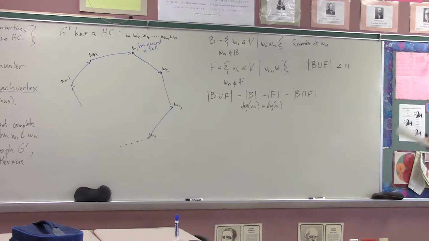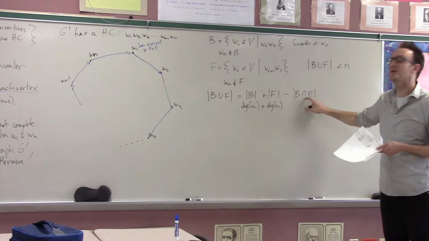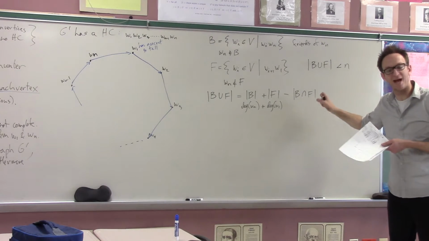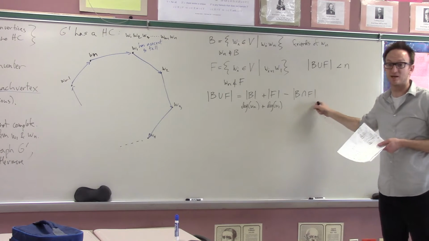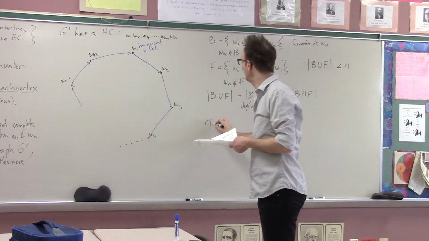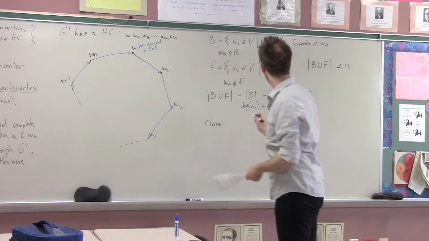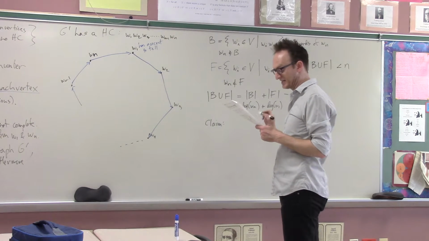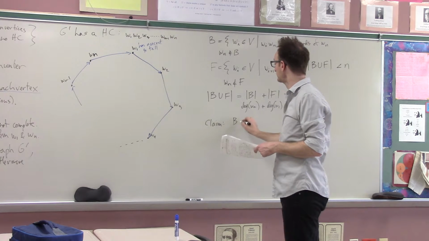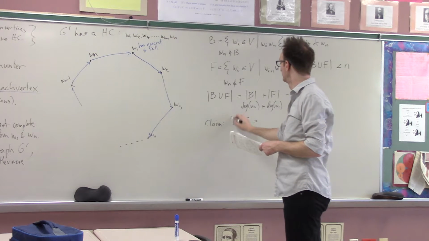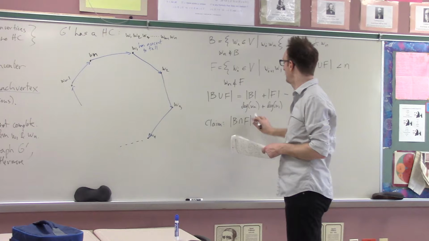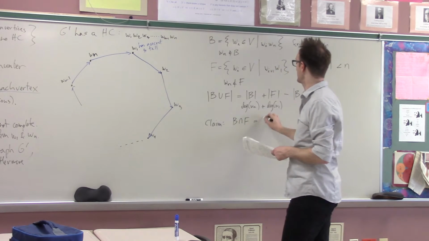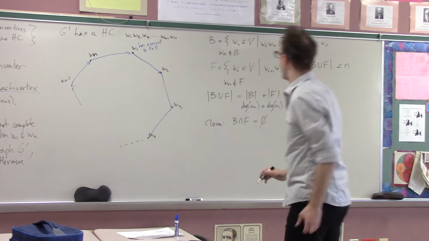Okay, so I really want to know what B intersect F is, and it turns out the size of this set is 0. So claim: B intersect F is empty. Okay, why?